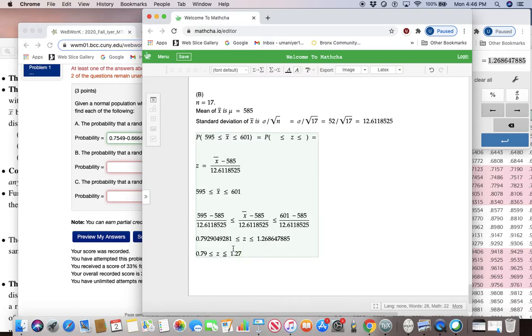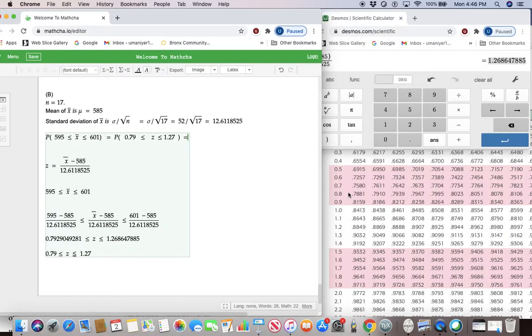Okay, so we need areas between these two numbers. 0.79 is the smaller number and 1.27 is the bigger number. So we need to find the areas for these two numbers.